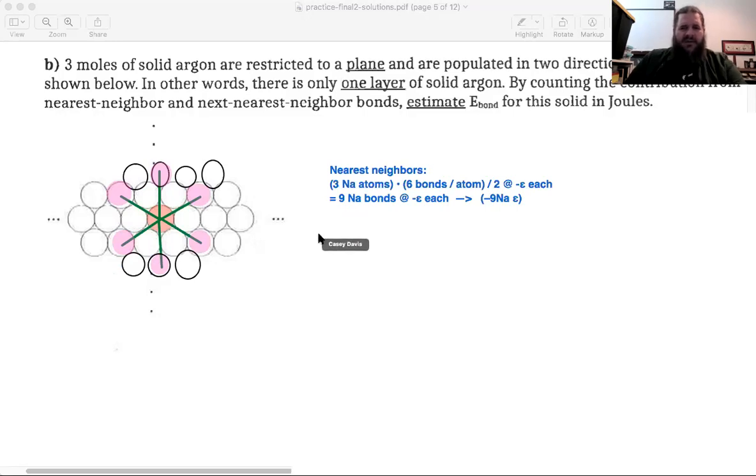So to make those calculations for the second nearest neighbors, we still have 3 times Avogadro's number atoms. Each one of those atoms has 6 bonds of this type per atom. Do we need to divide by 2 to eliminate double counting here?